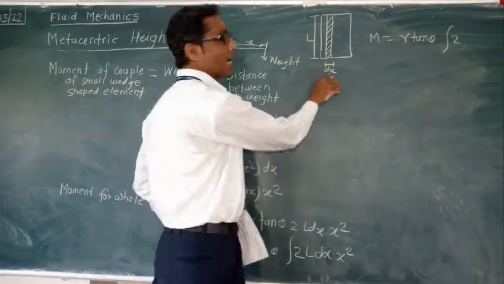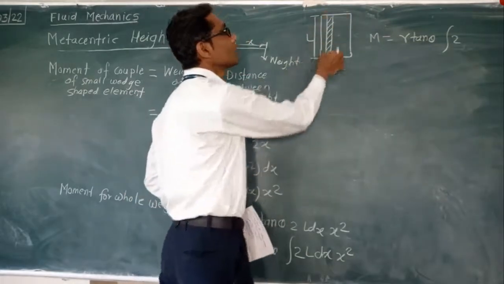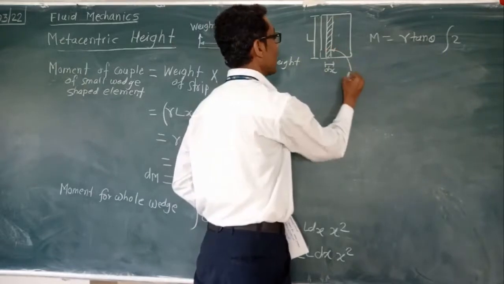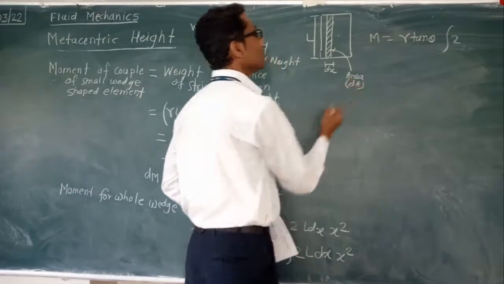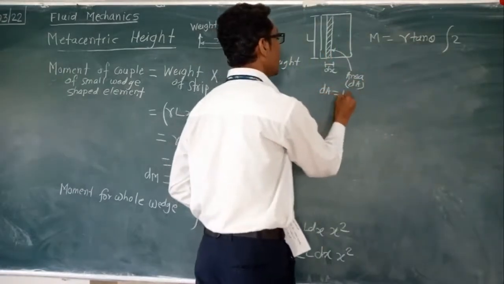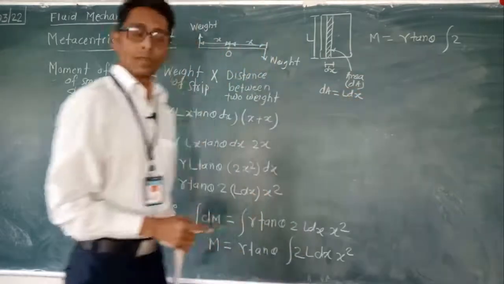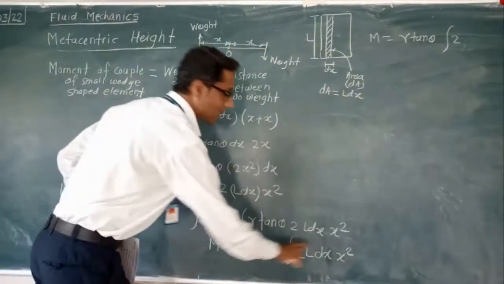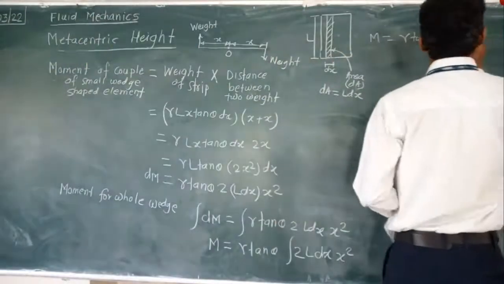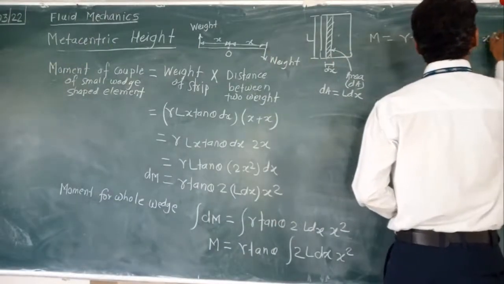So L into dx will be what? Area of this strip. So here you can write this is area, that is dA. So dA is L into dx. So for now this L dx we will write there as dA. So 2 dA x square.